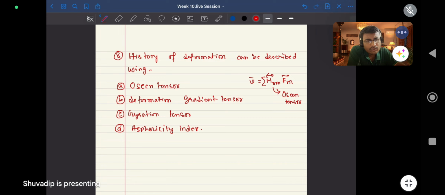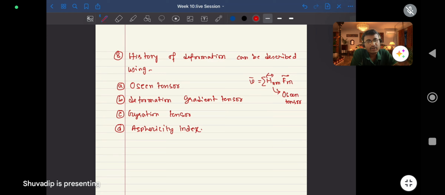So what can be the correct option here? Basically the asphericity index tells how much a material is not spherical, if it is an ellipsoid or some other structure, how much it is deviating from the spherical structure.